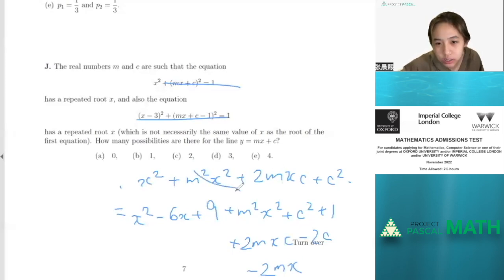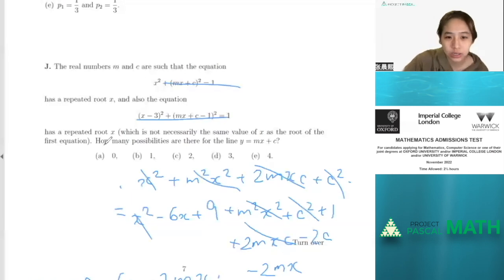And so you cancel some away, and you get 2c equals 9 minus 6x minus 2mx.